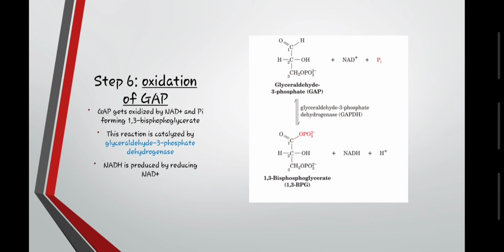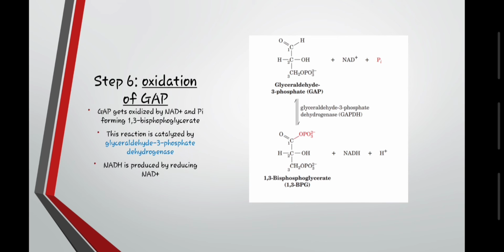In step 6, or reaction number 6, there is the oxidation of GAP, or glyceraldehyde 3-phosphate, to form 1,3-bisphosphoglycerate. In this process, glyceraldehyde 3-phosphate dehydrogenase catalyzes the reaction. NADH is produced, and NADH is a higher energy molecule.